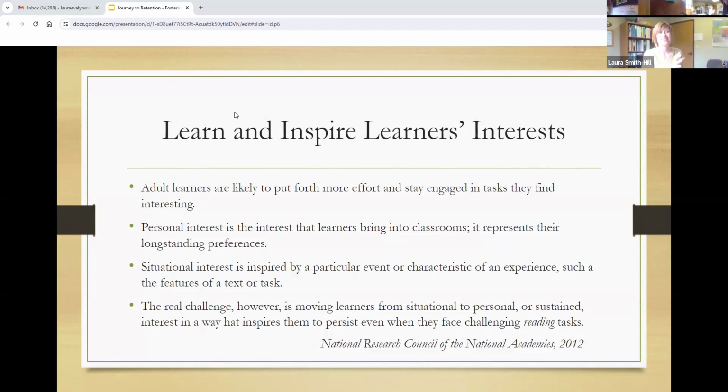So taking content they didn't originally express an interest in, but it's a required part of their program, how do we help them make personal associations with that and generate that buy-in from the learner on how this can be applied to their life and how it will help them toward their goals, even if it's not an intrinsic motivator?